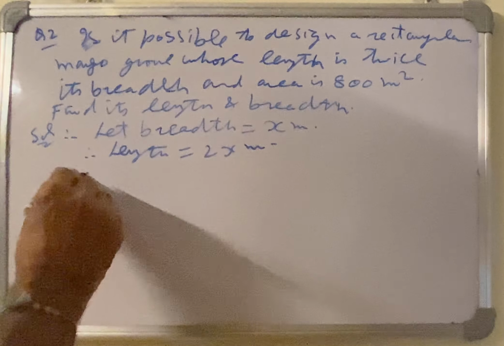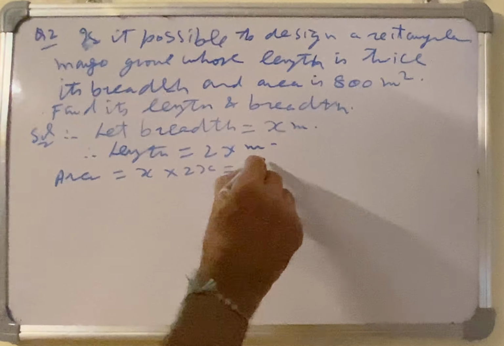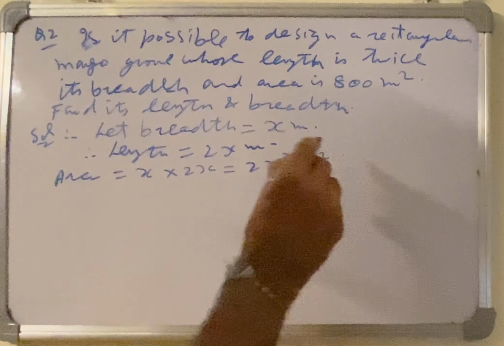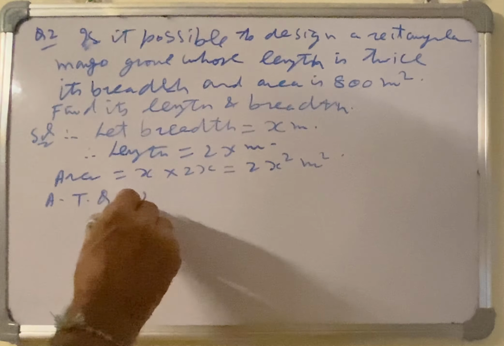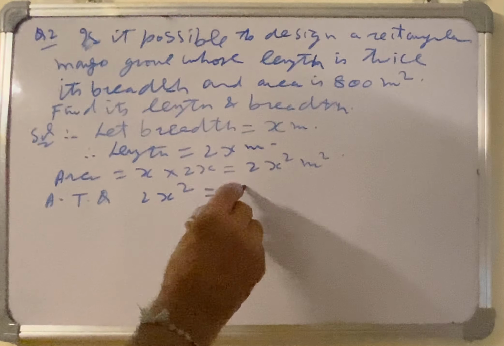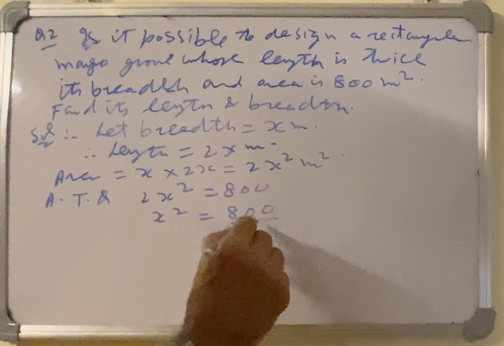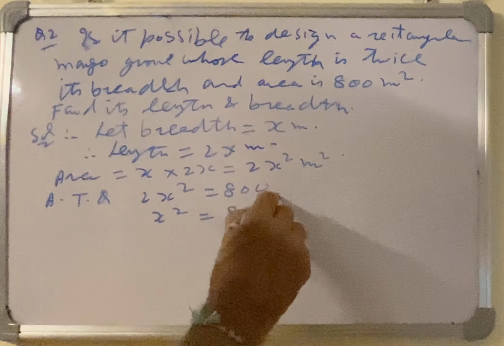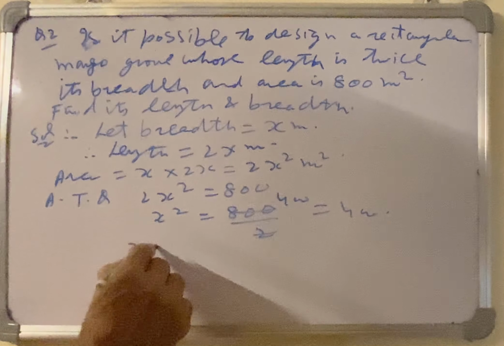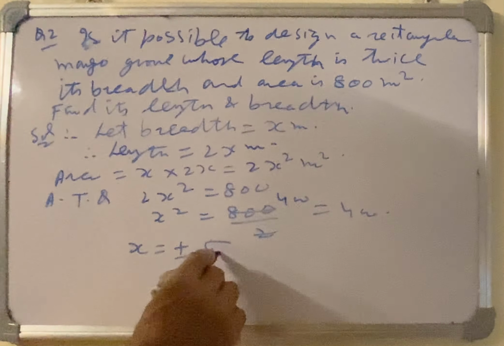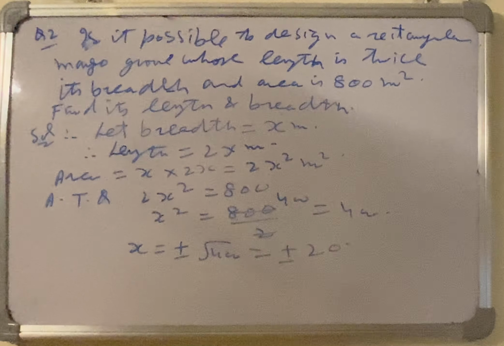Area is length into breadth, x into 2x, it is 2x square meter square. According to the question, area is 800, therefore 2x square is 800. x square is 800 by 2, it is 400. Therefore, x is equal to plus minus square root 400, which is plus minus 20.